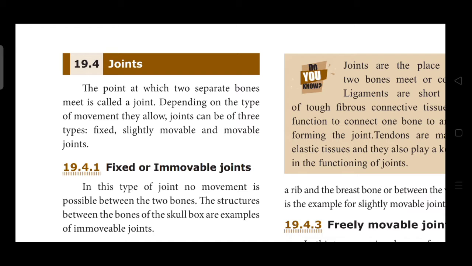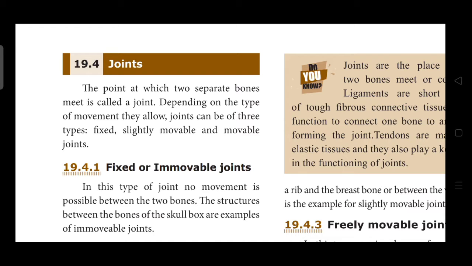The point at which two separate bones meet is called a joint. The point of contact between the two bones, that's all. The place where two bones join, the point of contact between the two bones, is called the joint.